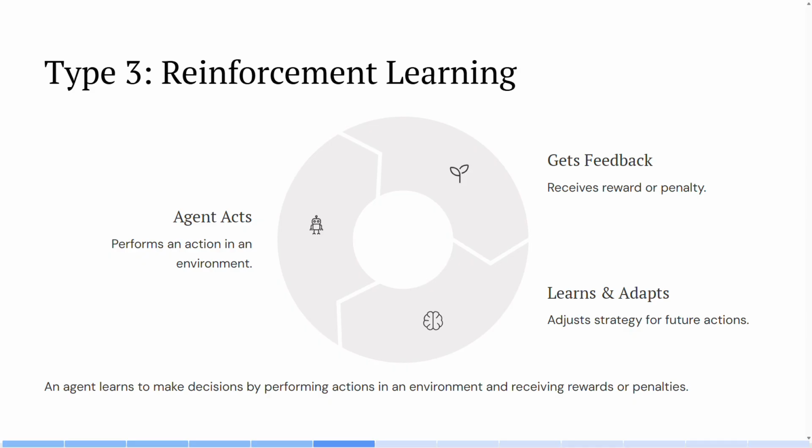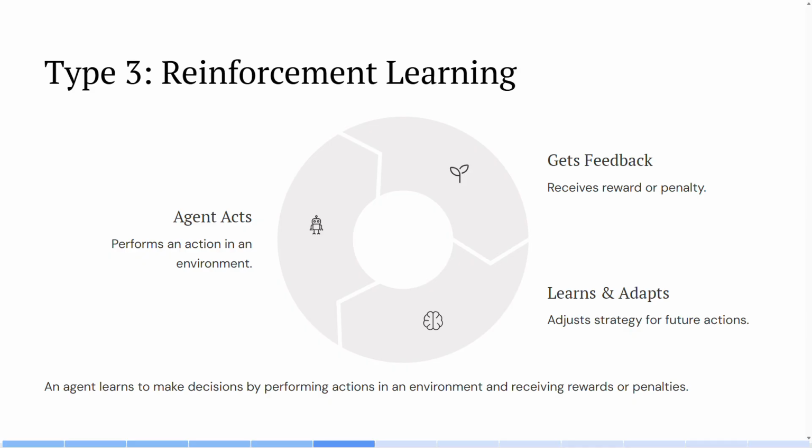The goal here is that you penalize the algorithm for any bad decisions and reward it for any good decisions, and the goal is to maximize its points or rewards. This is how AlphaGo learned to beat the world champion at Go, and how self-driving cars learn to navigate roads.